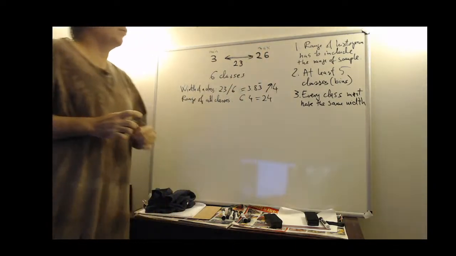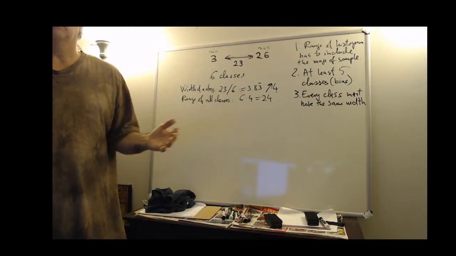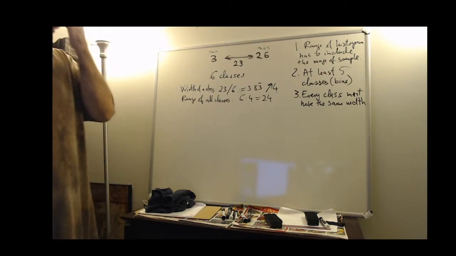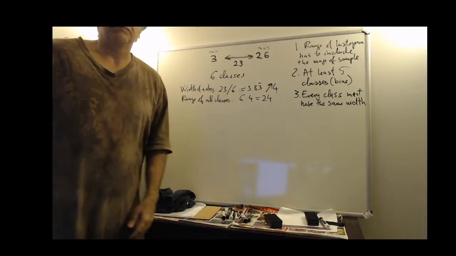Okay, which means that I have 1 extra. My cover, or the classes, is 1 wider than the range of data, which is 23.